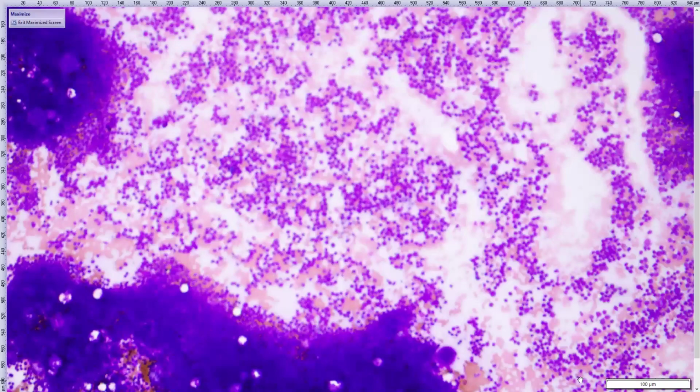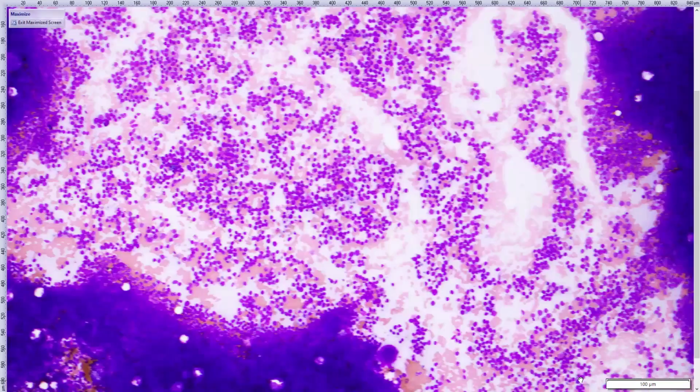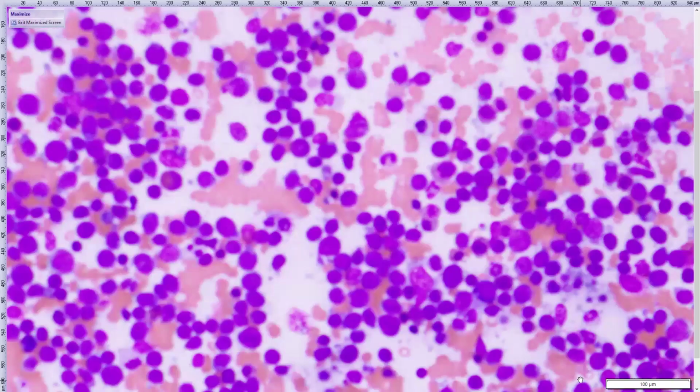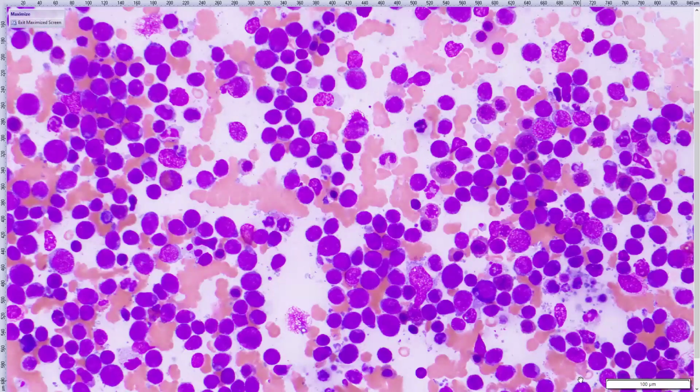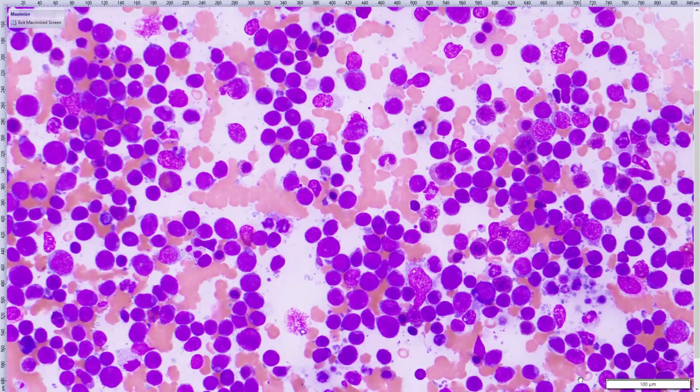And even from this power here, I do see a lot of large cells. Let's go high power. Let me go even higher power. And as you can see here, I do see a lot of cells with high nuclear to cytoplasmic ratio. They have large nuclei and they have a very small amount of cytoplasm.